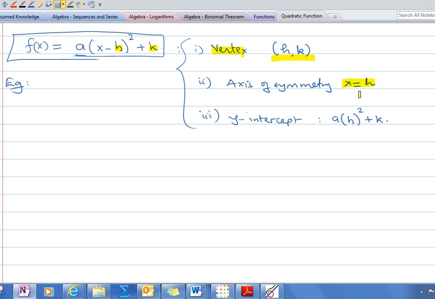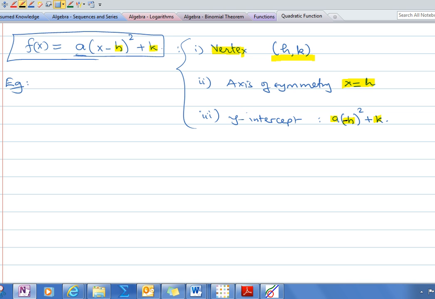And we can also evaluate the y-intercept, that's the value of y when x is equal to 0, which is basically a times h squared, negative h, same thing, and then we add k.